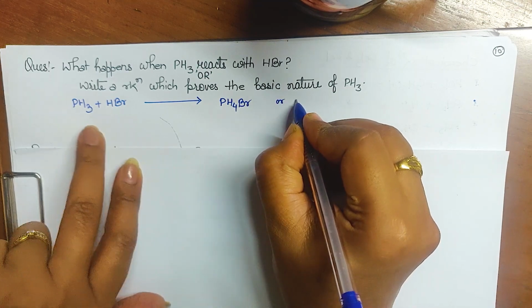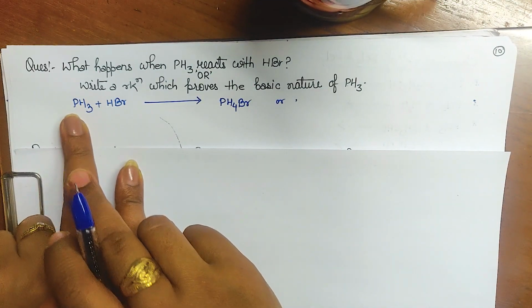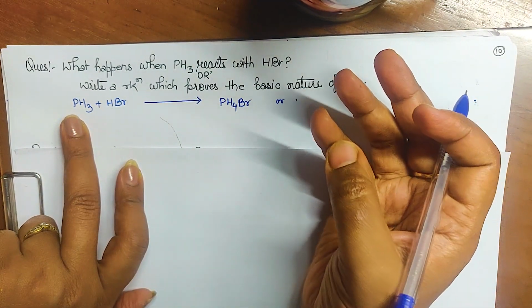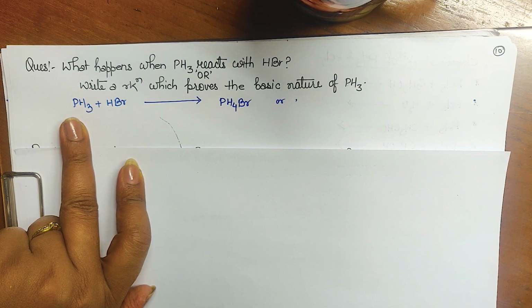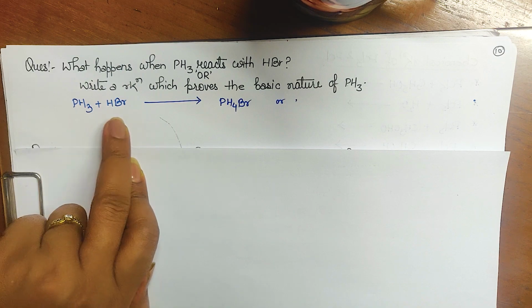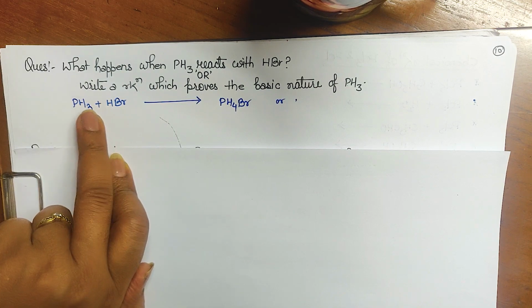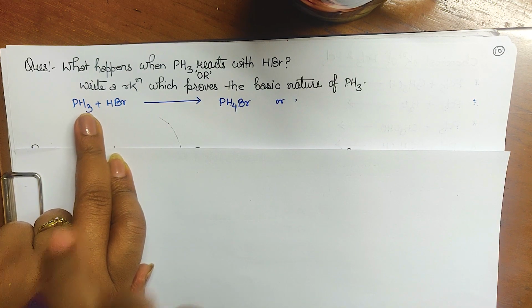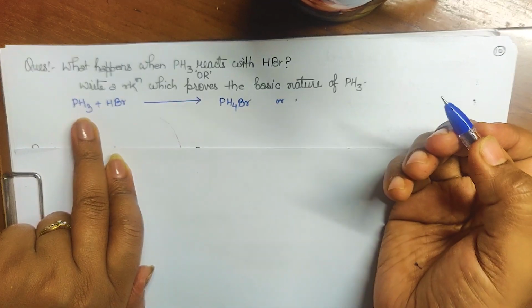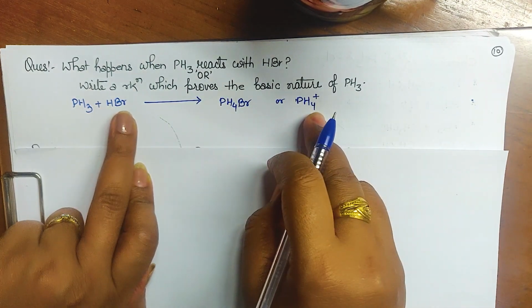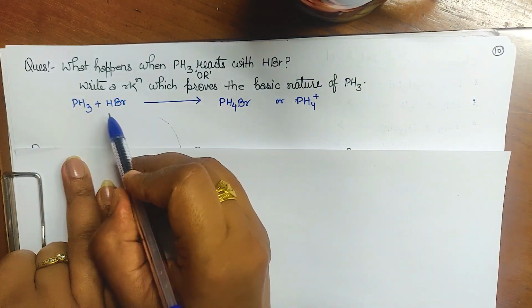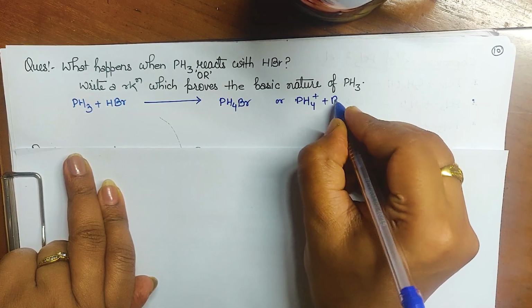Phosphine is in the -3 state, either in the phosphonium ion or in the phosphide. Phosphide is not possible because metal is not there, so only the phosphonium ion is possible. So you can make PH4 plus, and since it is plus, this H has gone to it, giving Br minus.